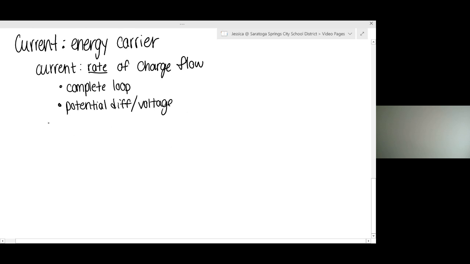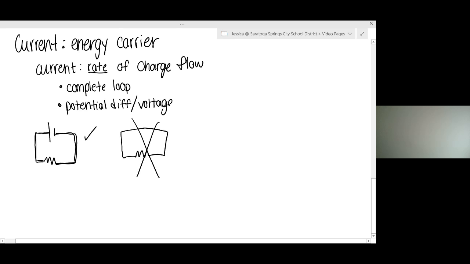So for a setup like this, this squishy thing here is a resistor. We have a complete loop. We have an energy source. So current would be able to flow through the circuit. If we had a circuit that looked like that, well, there's no energy source in that circuit, so that wouldn't work.